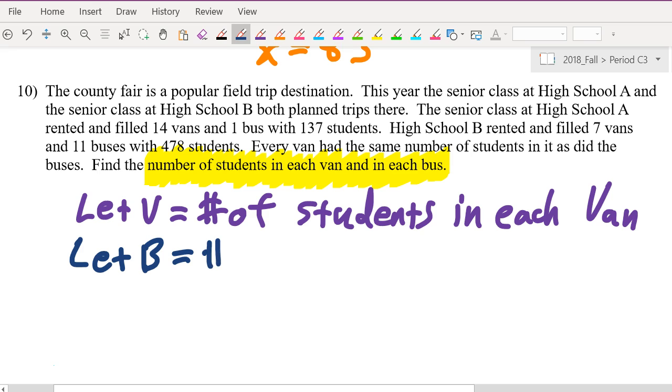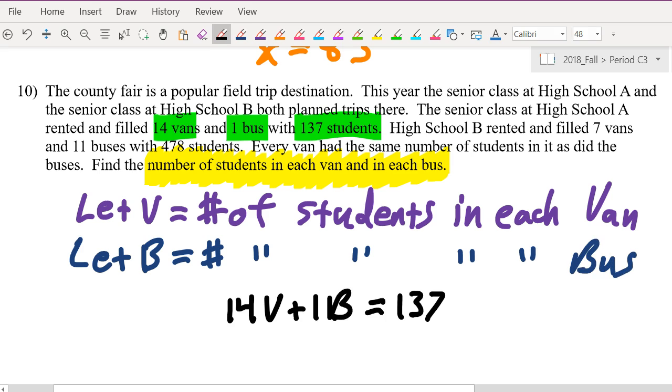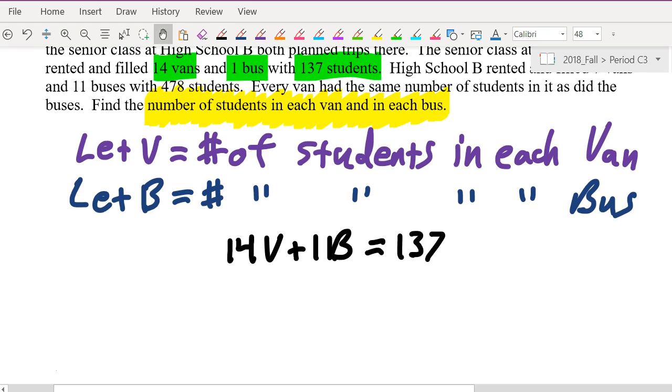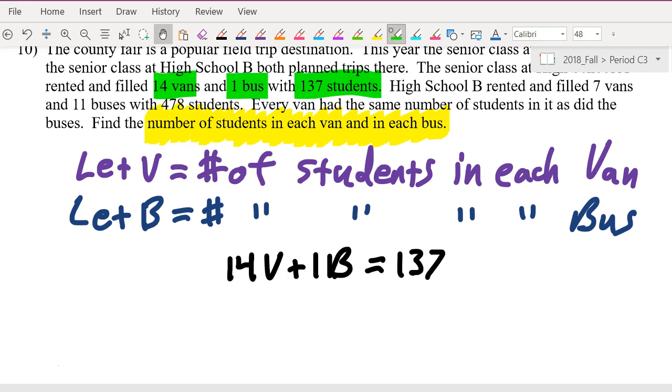Okay, let B equal number of students in each bus. So 14V plus 1B equals 137. The other one is 7V plus 11B equals 478.